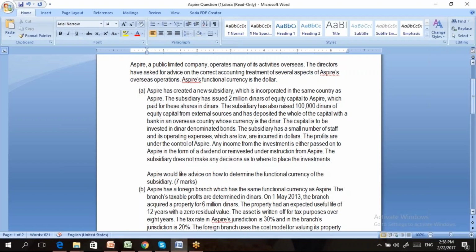So you can see it's simple but tricky, because you have to first explain the IAS 21 criteria, and then put up your guidance to advise this is the way for us to determine the functional currency. And in my view, the functional currency would appear to be dollars.